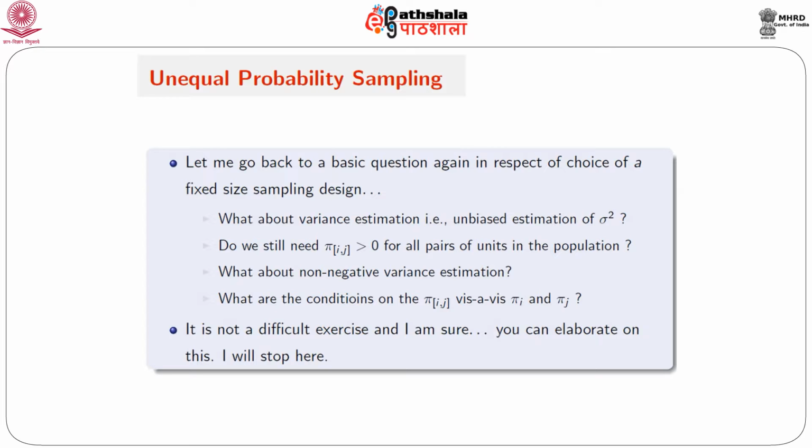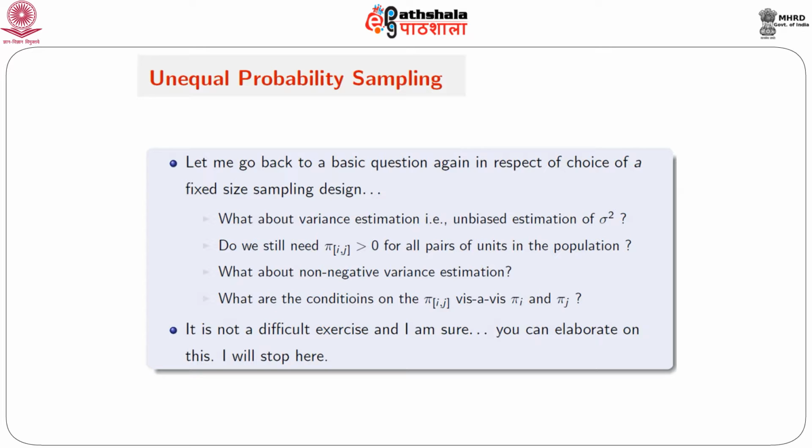I already mentioned in so many terms the difference between estimation of population variance, be it sigma square or S square, and estimation of the variance of the Horvitz-Thompson estimator. That is also variance, but this is the population variance, and that is the variance of the Horvitz-Thompson estimator. Both are quadratic, both need unbiased estimation, both need the condition pi ij strictly positive. For sigma square estimation, pi ij positive is good enough.